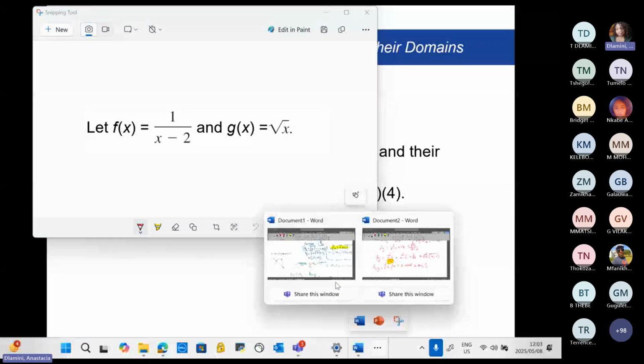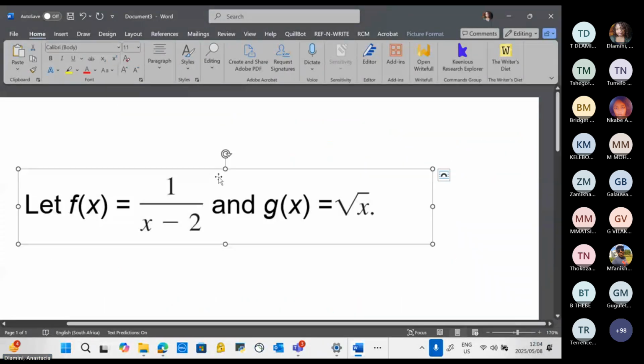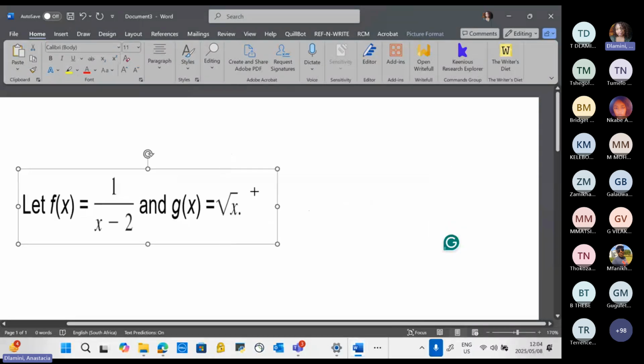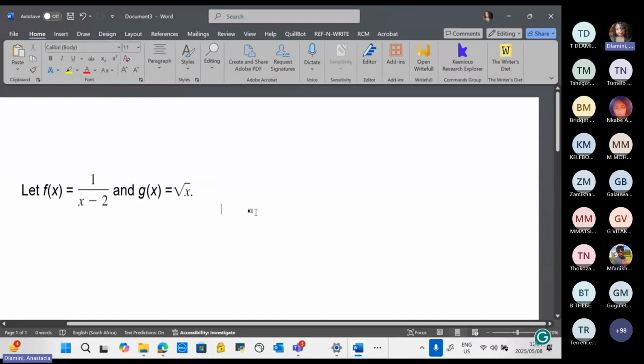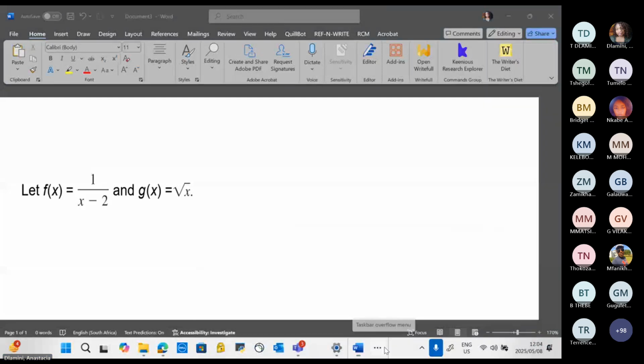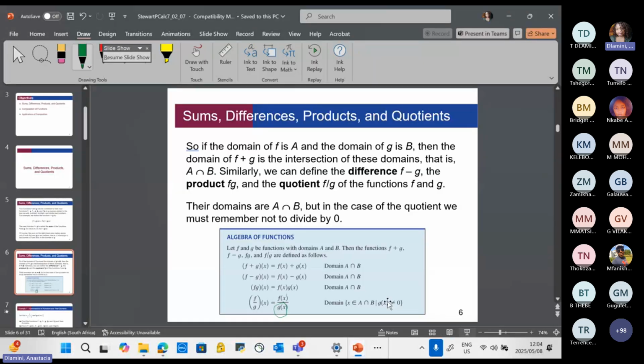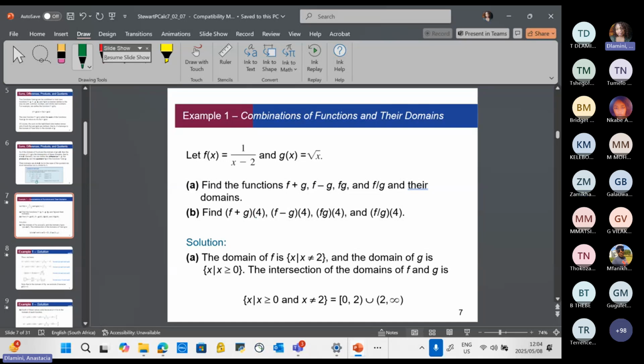So number 2 wants us to find, let me check with our slides. They want us to find f of x plus g of x, so we are evaluating all the things that we have calculated at 4.